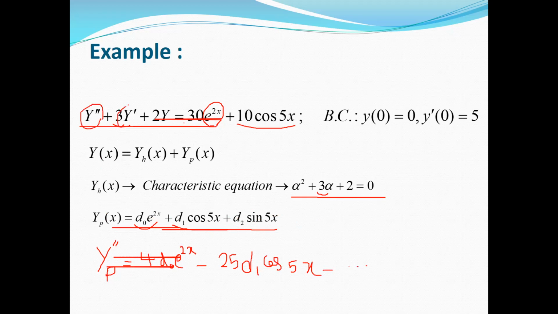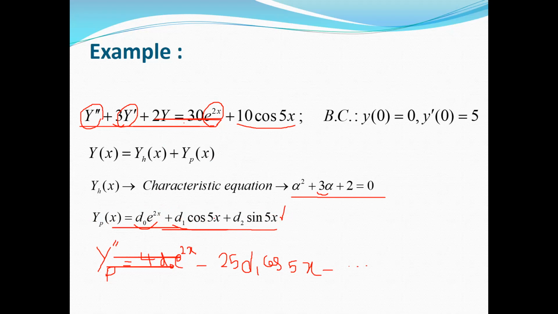The y prime, again, we need to obtain the y p prime, or the first derivative of this equation with respect to x, and substitute here for y prime. It's equal to 2 times d naught exponential 2x plus -5 times d1 sine 5x.